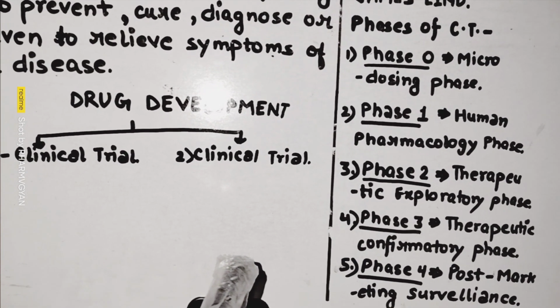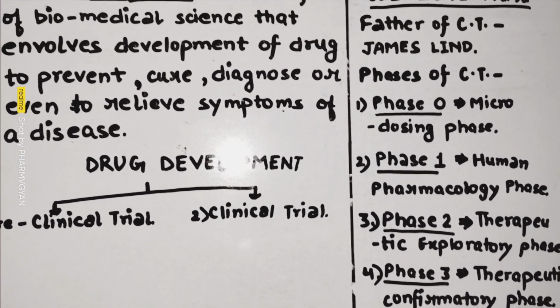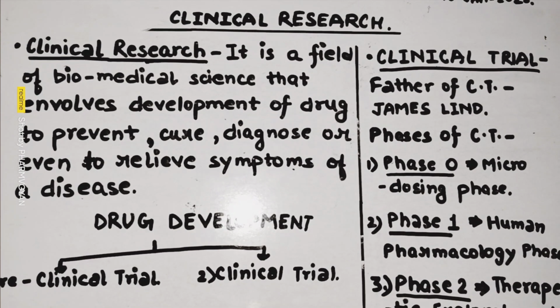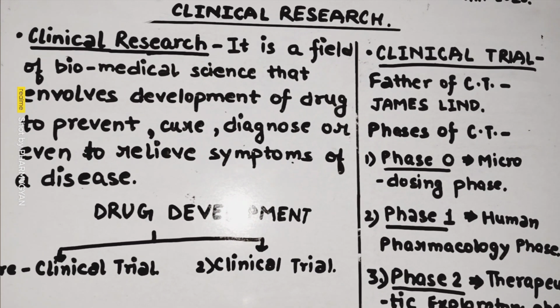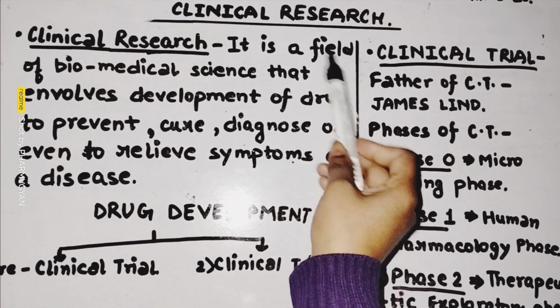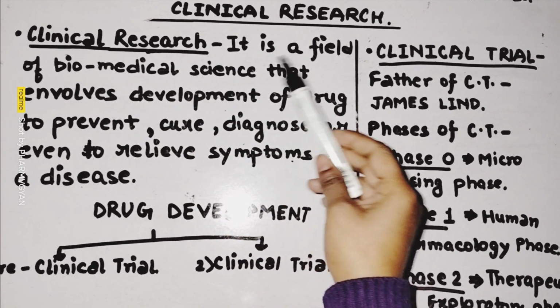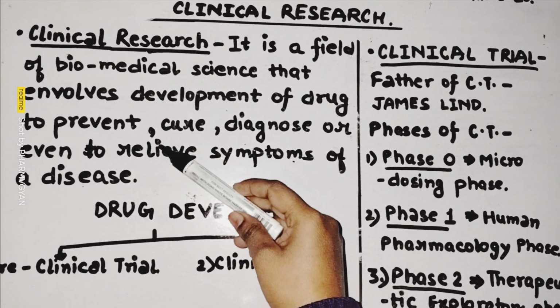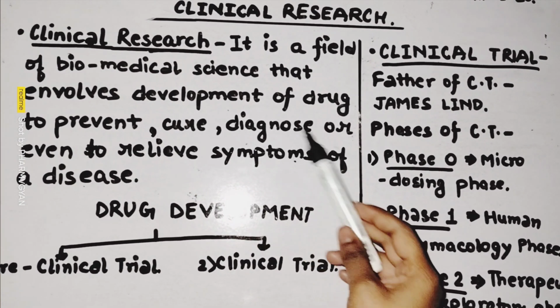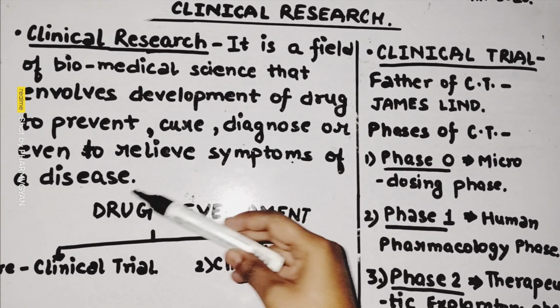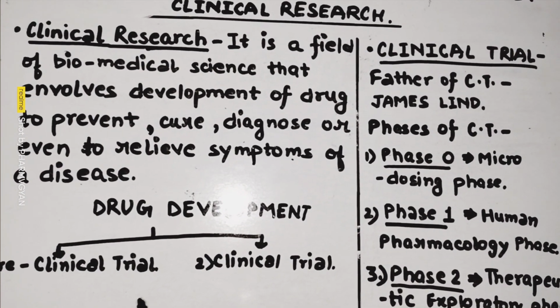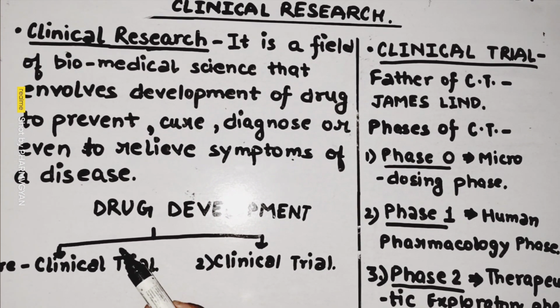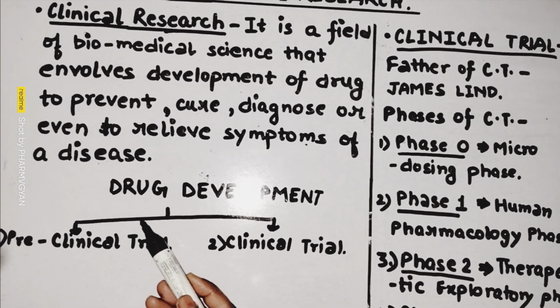Just want to give you a brief of the whole module. First, what is clinical research? Clinical research is a field of biomedical science that involves development of drug to prevent, cure, diagnose, or even relieve symptoms of a disease. Now, what are the trials which are involved in drug development?